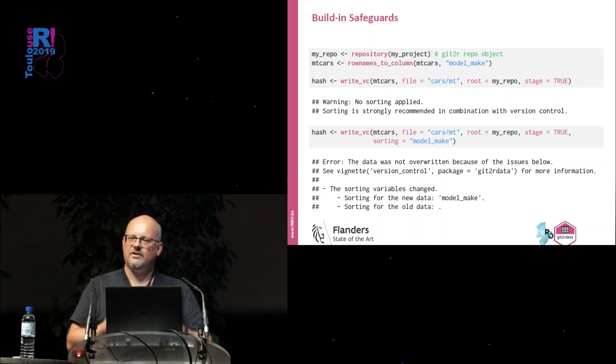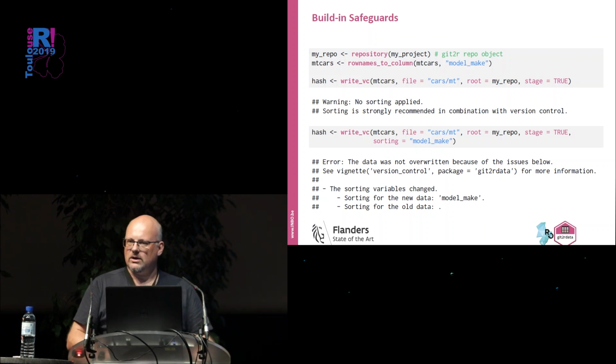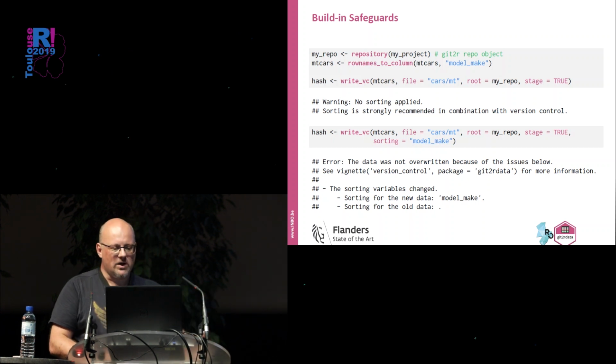So you have to provide the sorting variables yourself, because it's very hard to find out what would be a relevant sorting variable. So in this case, we rewrite the data and now use the sorting argument to provide the column names by which we have to sort. You only have to do this once.